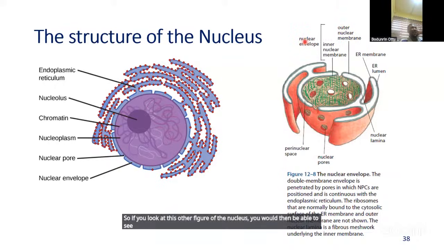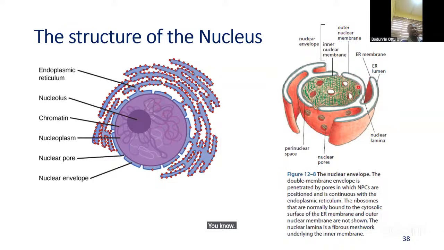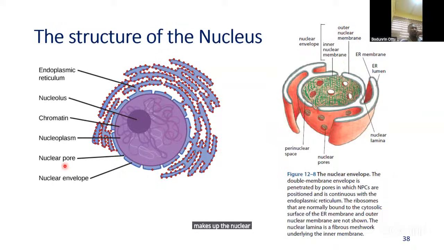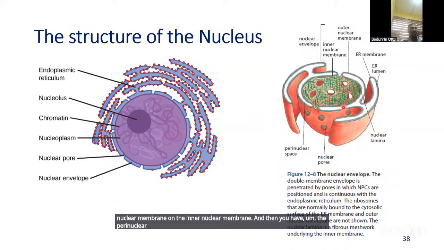If you look at this other figure of the nucleus, you would then be able to see the nuclear envelope, the outer membrane. So both the outer nuclear membrane and the inner nuclear membrane make up the nuclear envelope, which is here, right? Then you have the perinuclear space, which is the space between the outer nuclear membrane and the inner nuclear membrane.